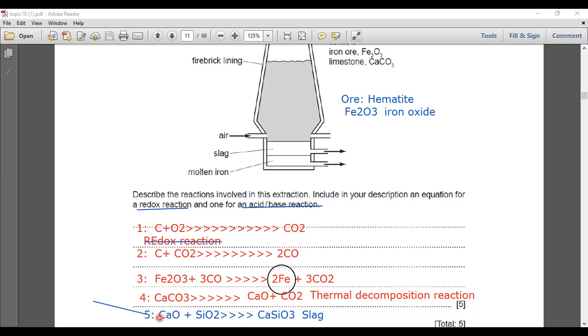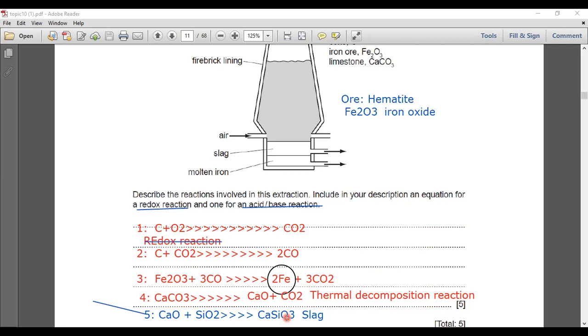In equation number 5, this is called an acid-base reaction. Sometimes it's called a neutralization reaction because it's a reaction between a metal oxide, which is basic, and a non-metal oxide, which is acidic, to form slag, CaSiO3.